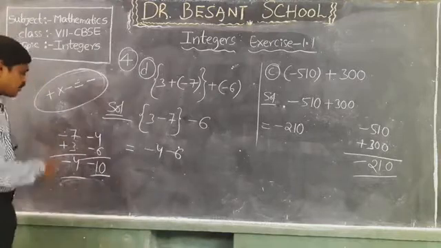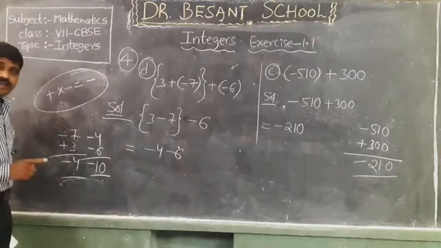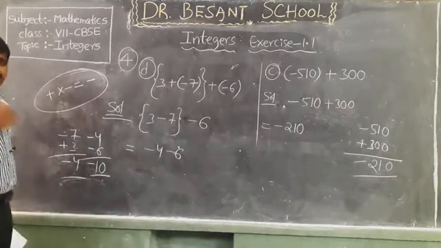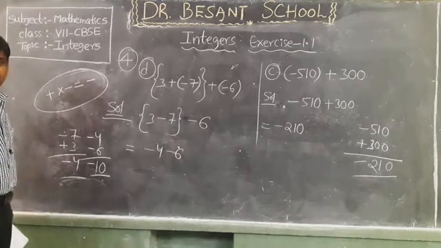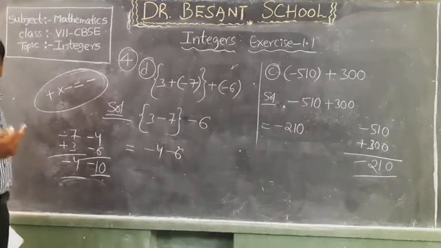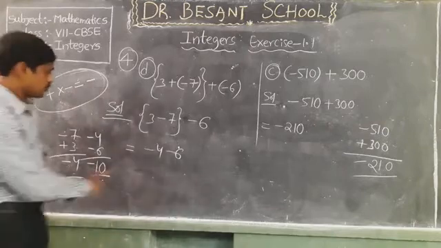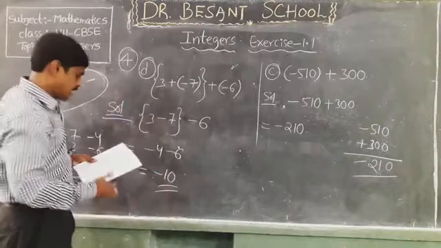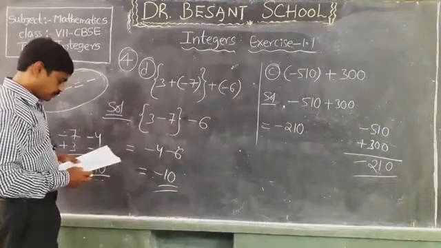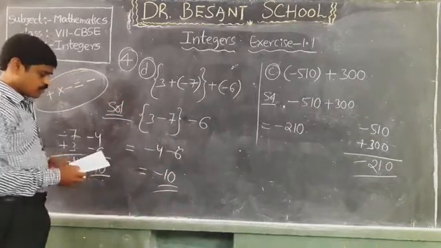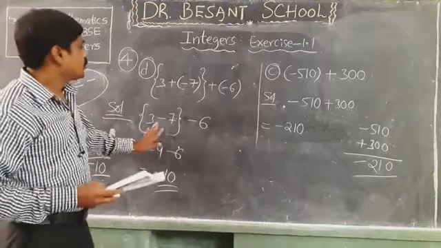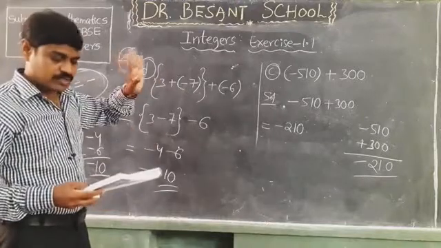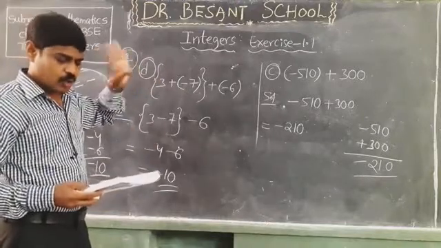So if one is negative and one is positive, which one do we have to take? Without considering the sign, the big number's sign we have to take. Okay, so the answer is minus 10. Okay, next. So all four sums A, B, C, D are over.